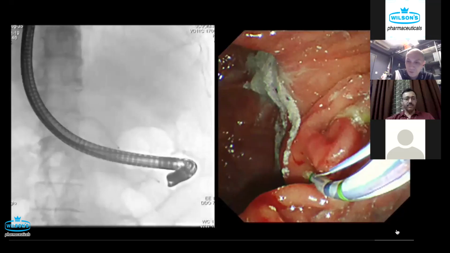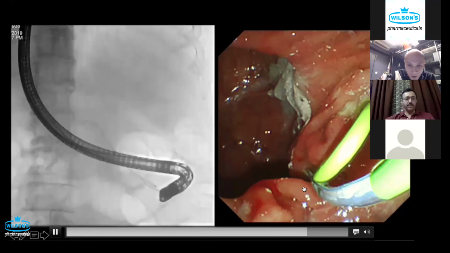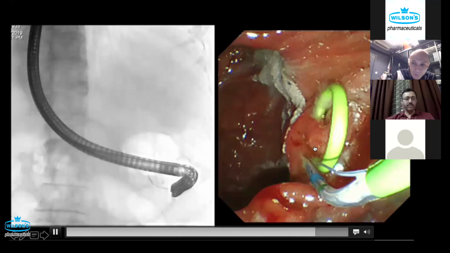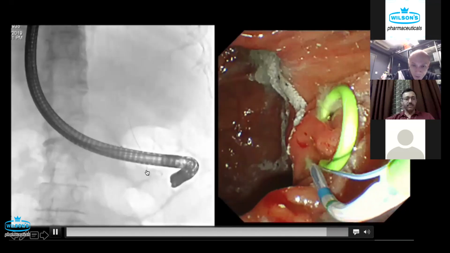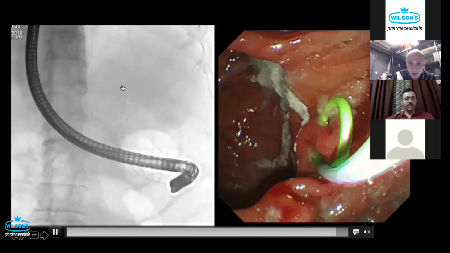Afterwards, I cannulated on top of the PD stent. The PD stent actually helped in pulling the papilla straight. Now my knife was at a much better position, and I was able to cannulate the CBD.